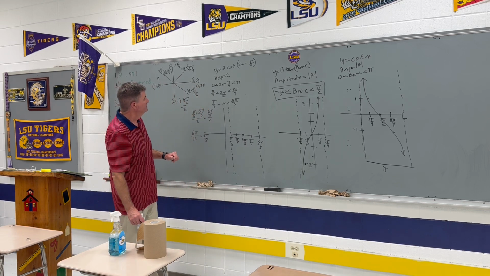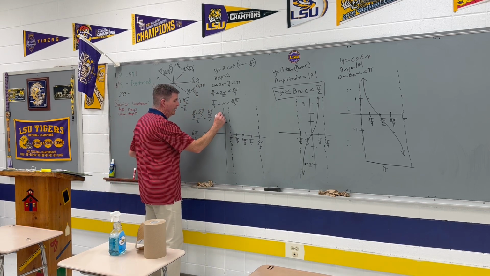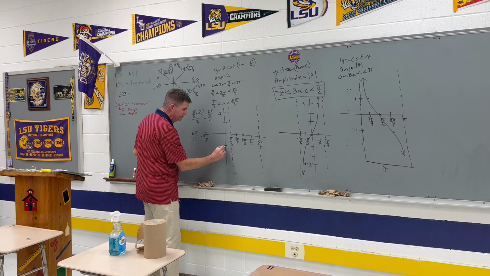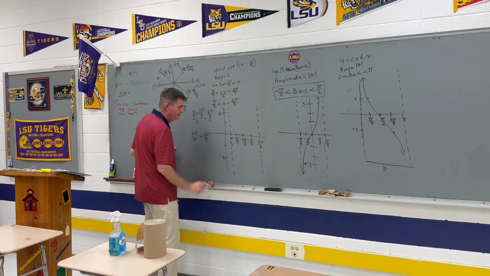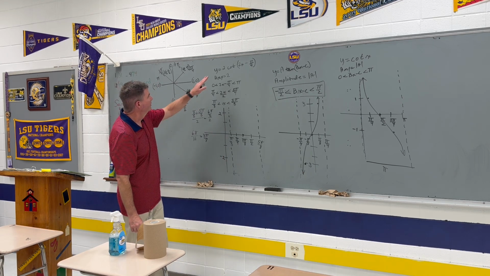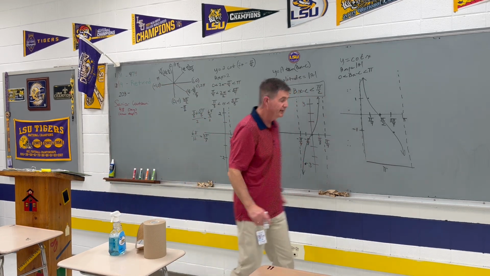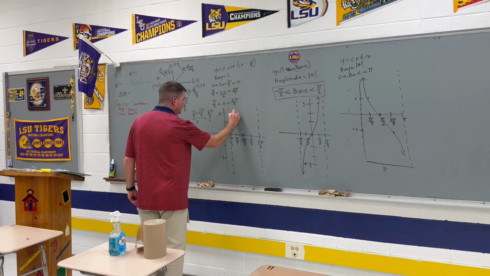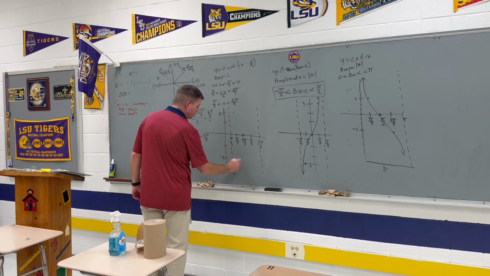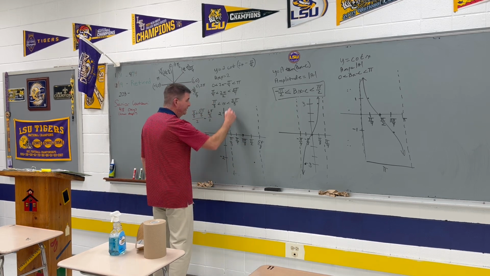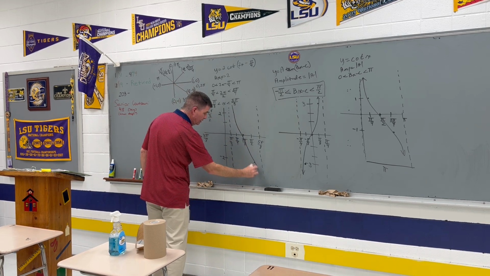And by the way, we have our amplitudes, which go up to 2 and down to negative 2. And since it is our cotangent, we know that it falls from left to right. So therefore, the upper amplitude is my quarter point and the lower amplitude is my 3/4 point. And we draw the line.